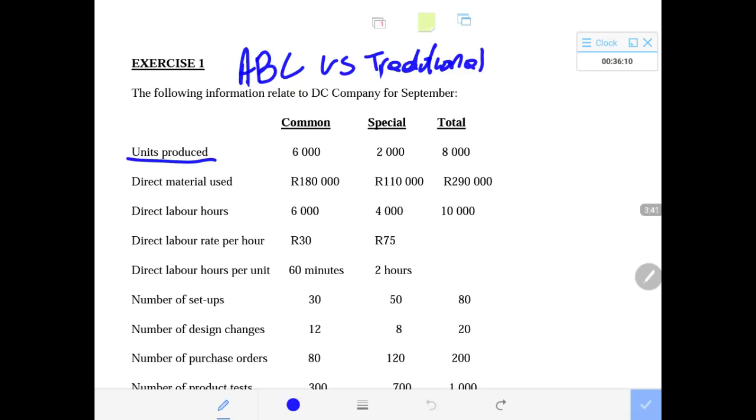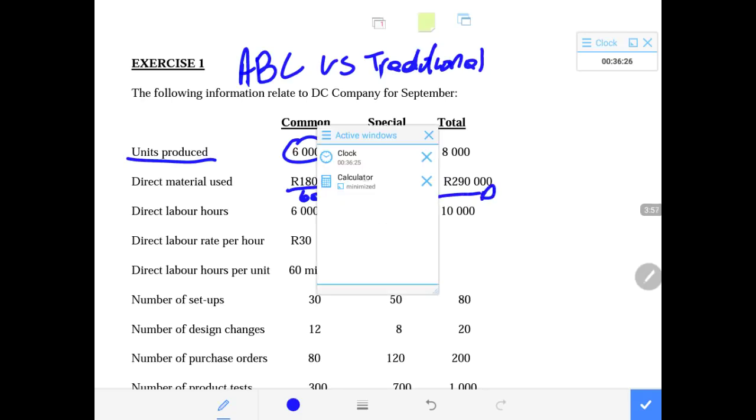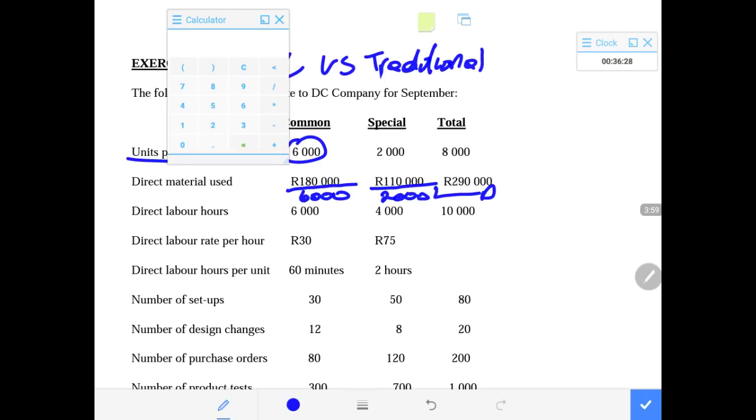How do we do that at this point in time? We can take the cost of 180,000 and divide this by 6,000, 6,000 being the number of units that were manufactured, and here we divide by the number of units that were manufactured to identify how much is the cost of material to complete one unit of product common and special. So for common it will be 180,000.